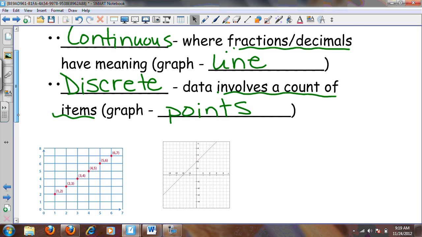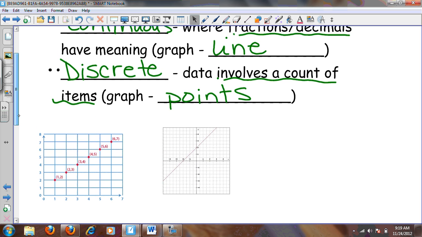If you look at the 2 examples that I have here, the first example, is that discrete data or continuous? You are correct, Brandon. It is discrete. I've only plotted the points.